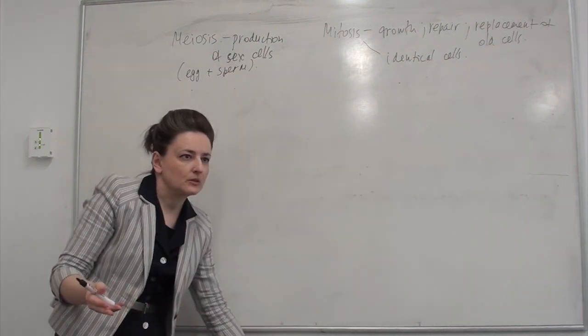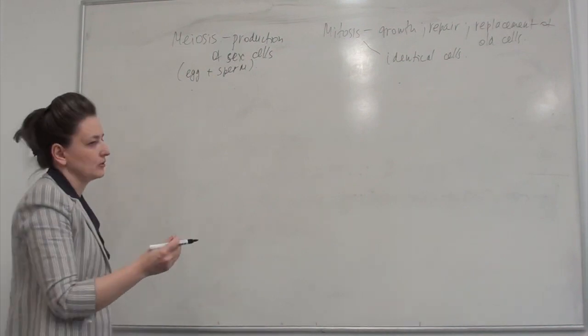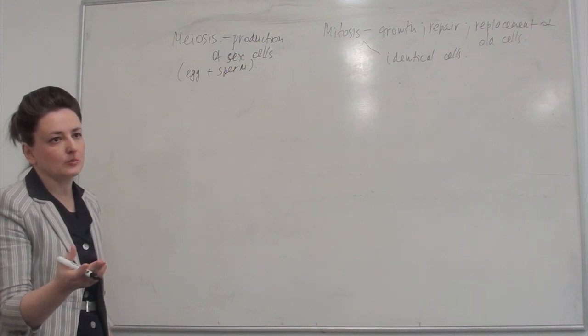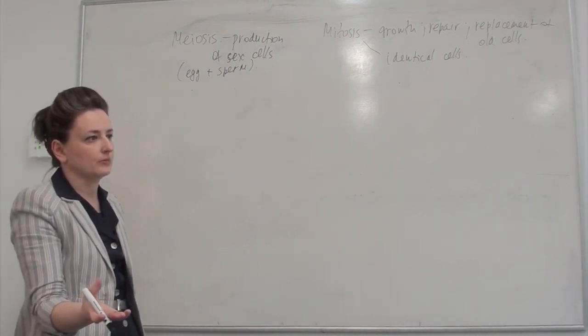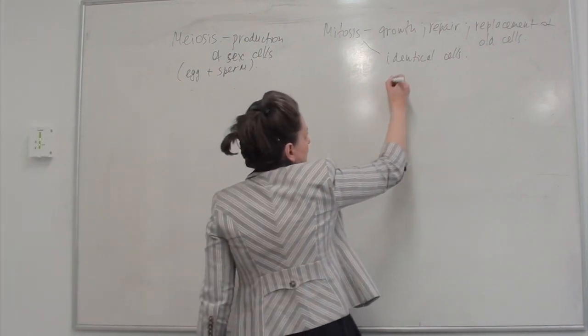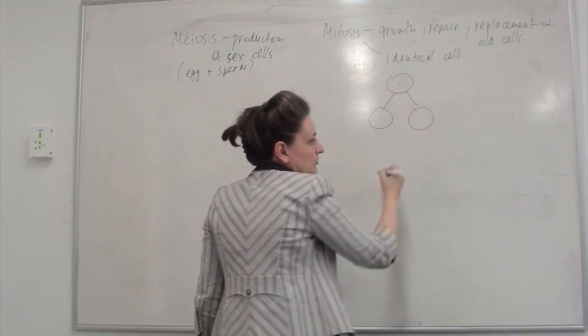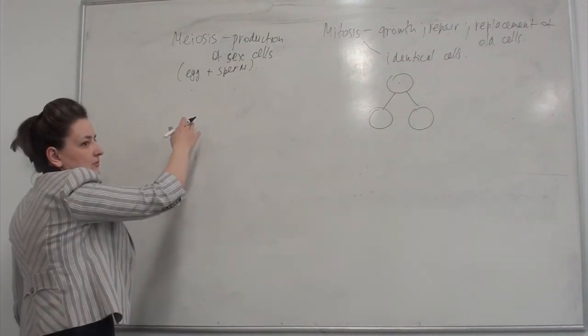So one of the ways meiosis is more complicated, just from the start, is that it relies not just on a single division, but you have to divide twice in order to get to the end product of meiosis. In mitosis we had our parent cell that divided and you ended up with two daughter cells, the end. With meiosis it's more complicated.